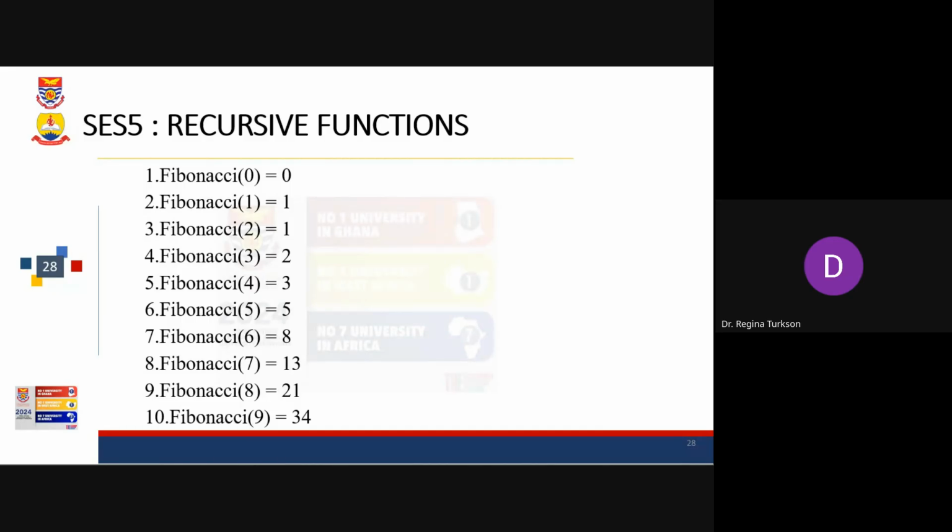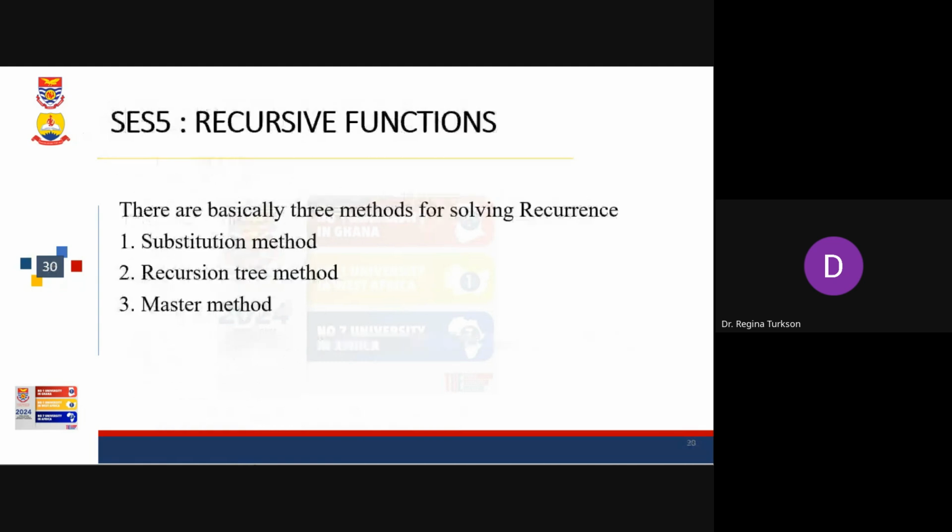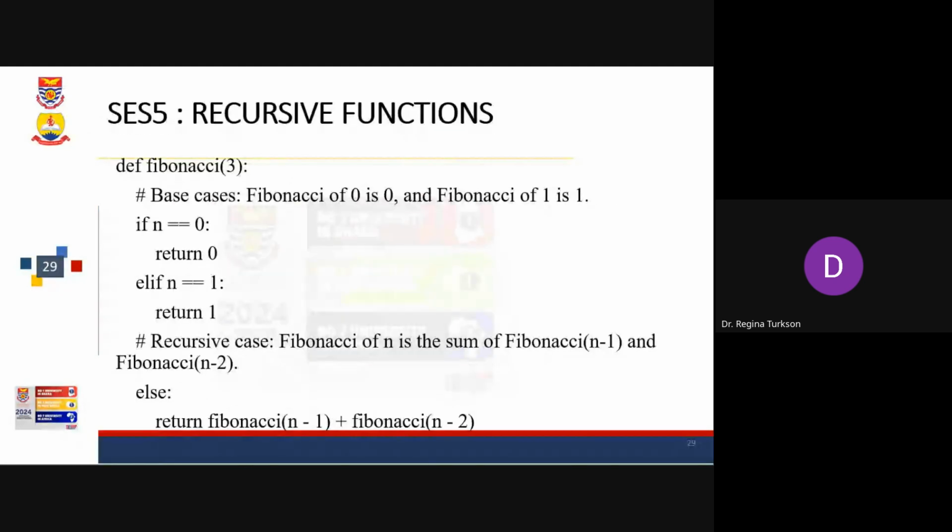Fibonacci of 2, you go through the iteration, is 1. And the Fibonacci of 3 is 2, and others. So these are something that has been computed for you using a simple code. I don't know whether you have the code for the Fibonacci or so. I have it. Okay, let me see whether I can take them through that one.